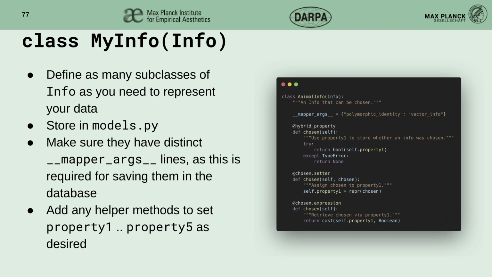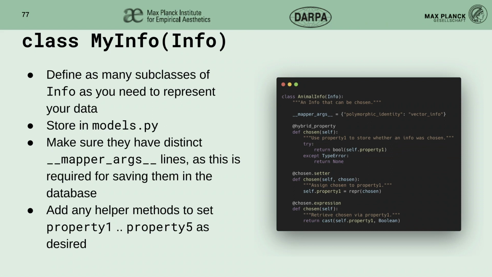So I also mentioned earlier that we store 5 just generic properties on objects, and you could use one of them to keep a note for yourself. You can use these to set arbitrary data effectively. So this one says, I want something called chosen, and I'm going to store it in property 1, and it's going to be a Boolean. And these 3 together effectively wrap property 1 into becoming a Boolean.